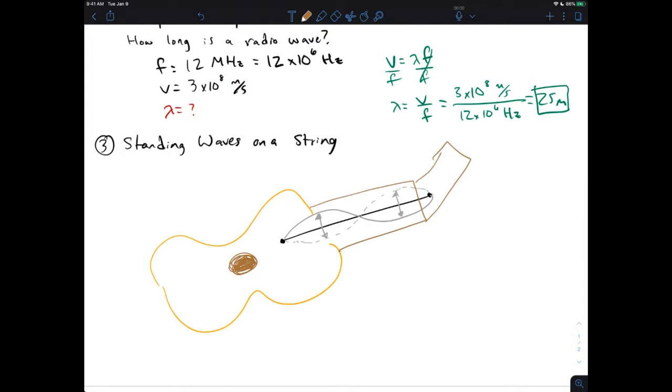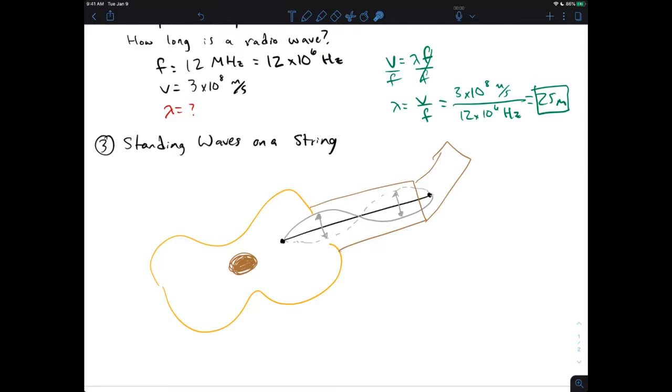Our guitar here is going to be the simplest case, in that it only has one string.